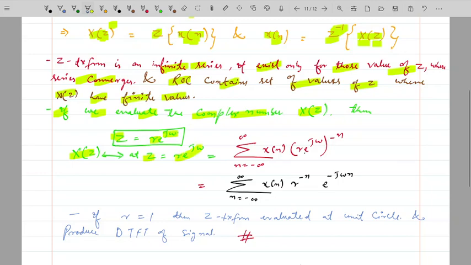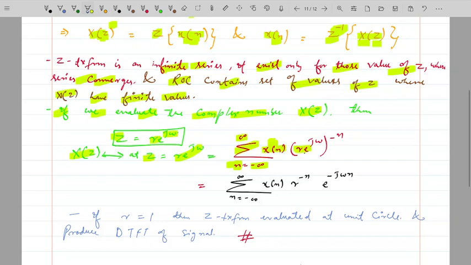the formula of the Z transform, that is the summation over n, where n represents the discrete signal, from minus infinity to plus infinity, of x of n. x of n is nothing but a discrete signal, multiplied with the complex variable z raised to power minus n.